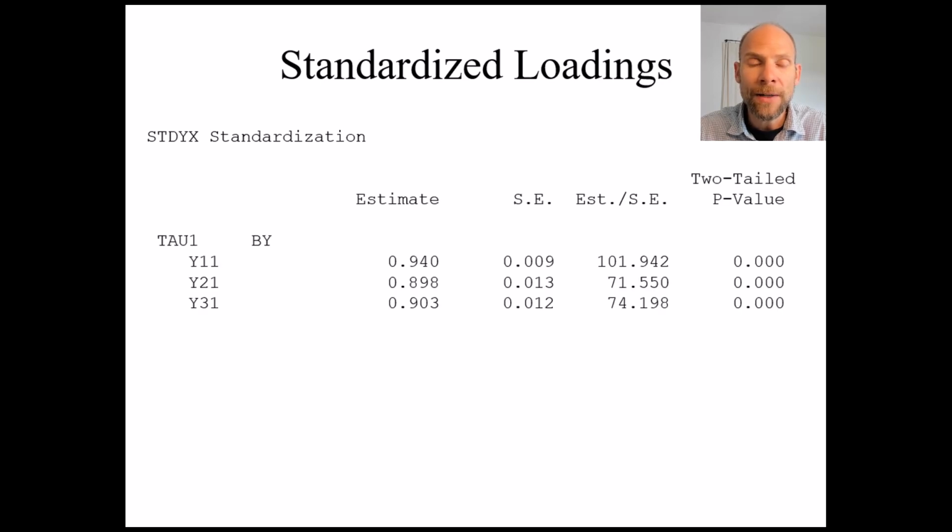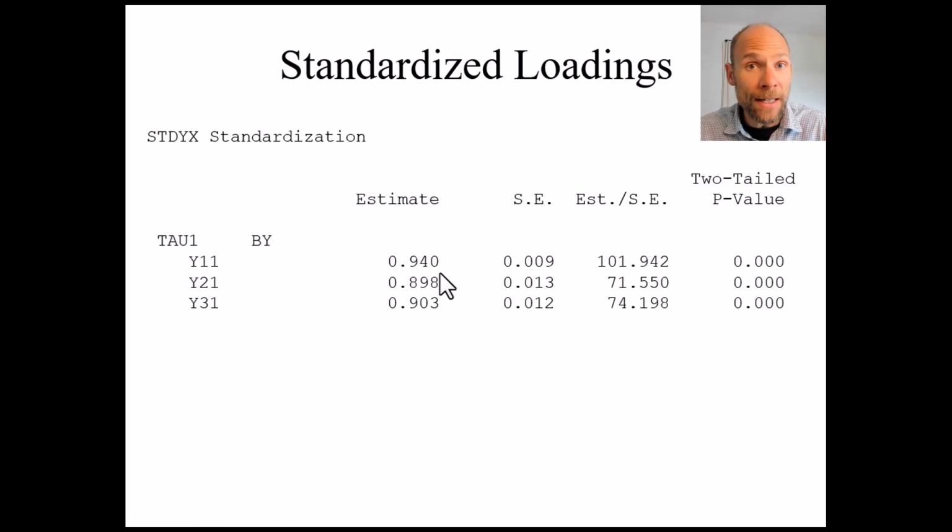First of all, we get the loadings of the indicators or observed variables on the first order factors, here shown for the time 1 factor, tau 1. You can see all those loadings are very strong, between 0.898 and 0.94. So that indicates that those indicators are highly reliable.